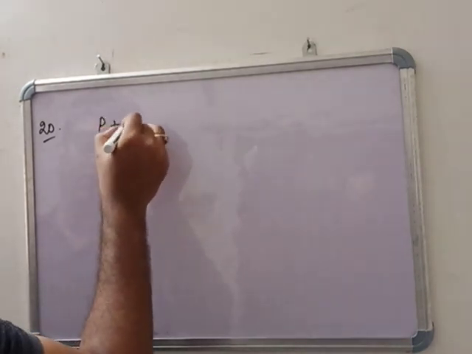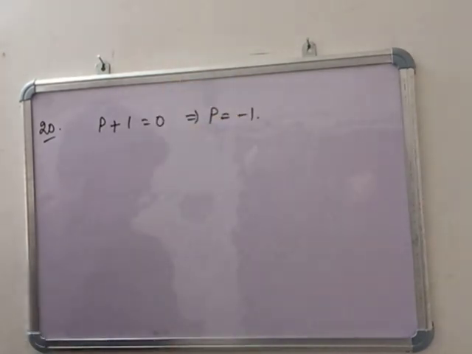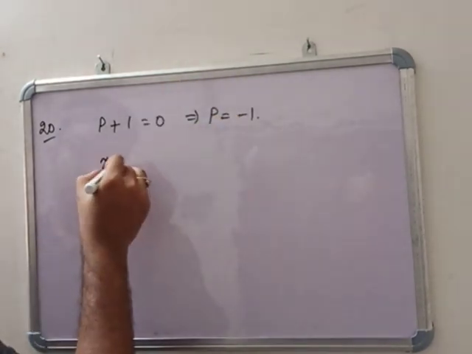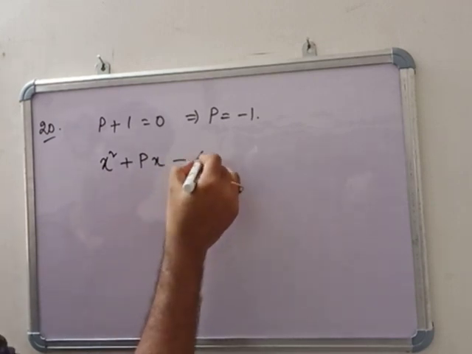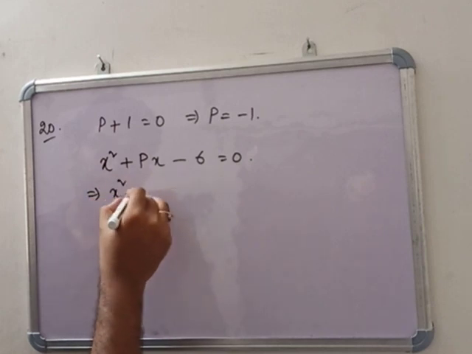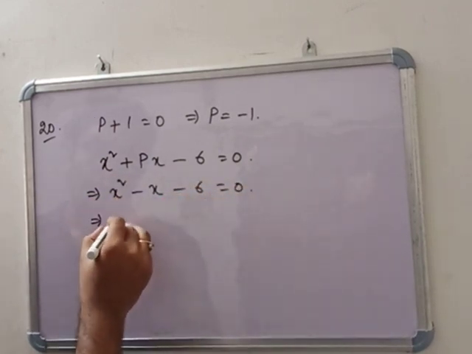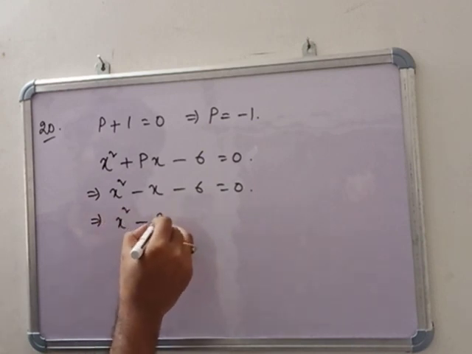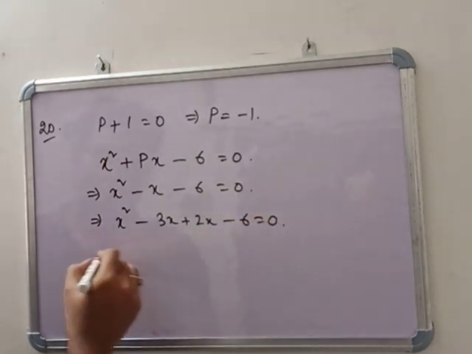Now in number 20, see that, find the value of x if p plus 1 equals 0. That means p equals minus 1, and x square plus px minus 6 equals 0. That means x square minus x minus 6 equals 0. So x square minus 3x plus 2x minus 6 equals 0.